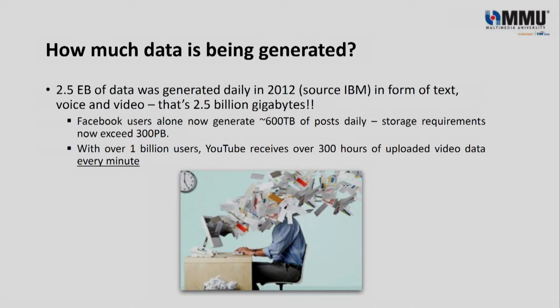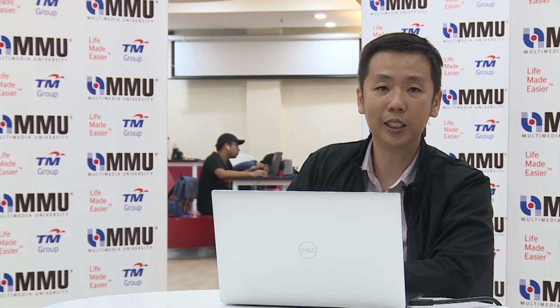Facebook users alone now generate 600 terabytes of posts daily. Now storage requirements exceed 300 petabytes. YouTube receives over 300 hours of uploaded video data every minute. Look at the sheer amount of data that we have right now.